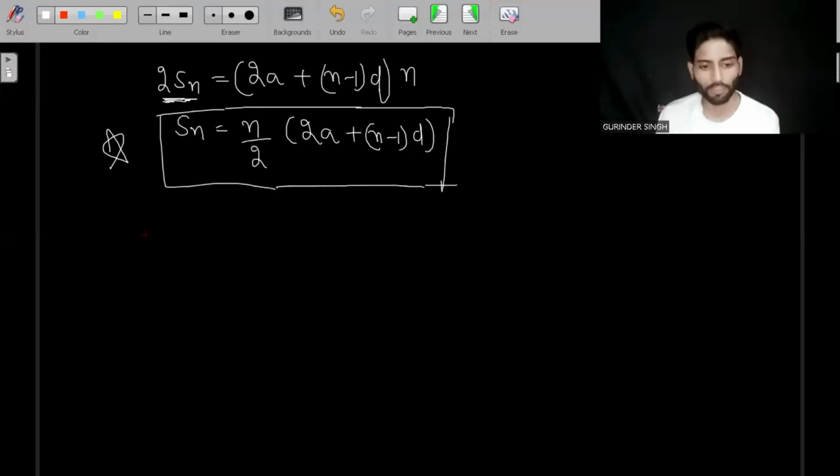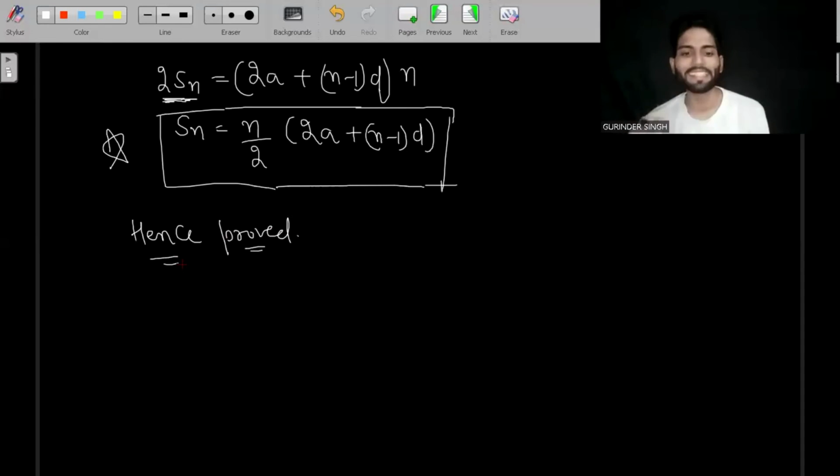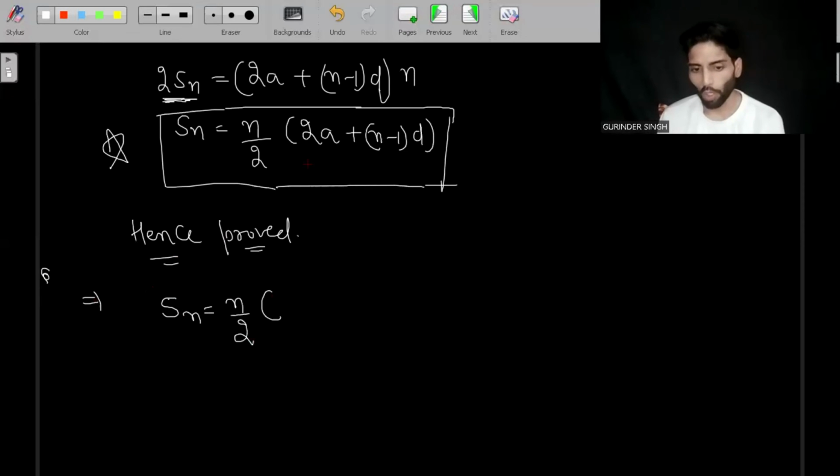We will do some questions also. Now, if I observe this Sn carefully, I can derive one more formula. Sn is equal to n by 2, and this 2a I can write as a plus a, plus (n minus 1) into d, right?